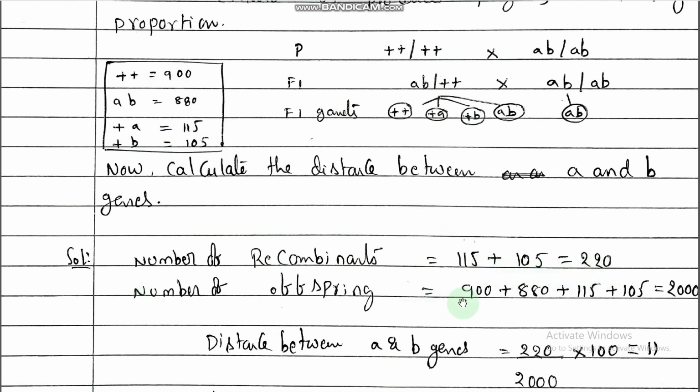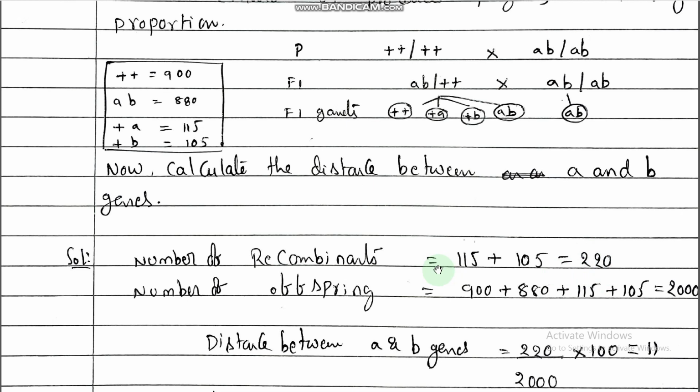So the total number of offspring, how much? 900 plus 880 plus 115 plus 105, the answer is 2000. So the total number of offspring is 2000. The total number of recombinants is 220.